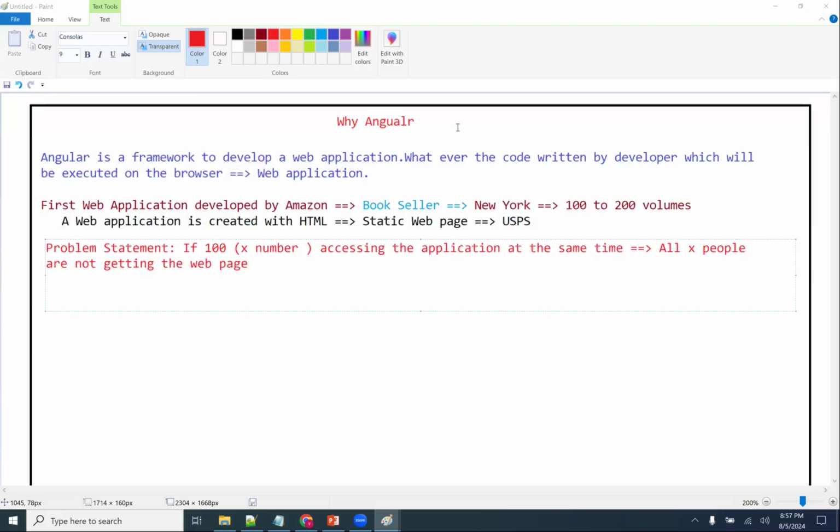Tomorrow, I'm going to explain what the issue was, what they have done, and what exactly the new technology added is. My intention is to cover HTML, JavaScript, jQuery, AngularJS, Ajax, Marionette, Backbone, GWT, then Angular.